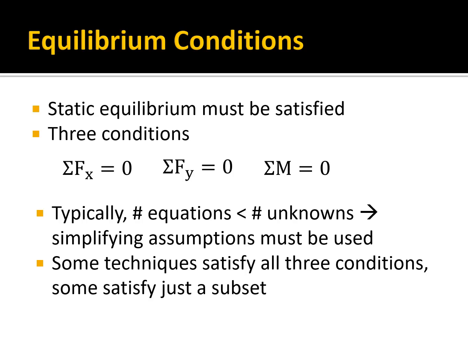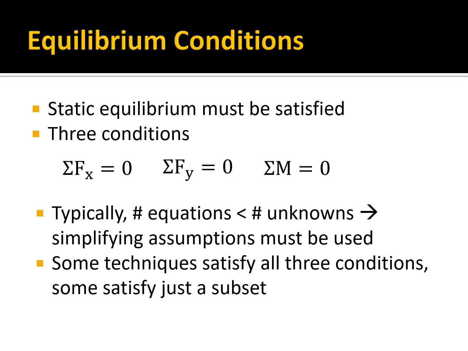For each part, we sum the forces in the x and y directions and the moments. We end up with a big number of equations, and typically the number of equations is less than the number of unknowns.